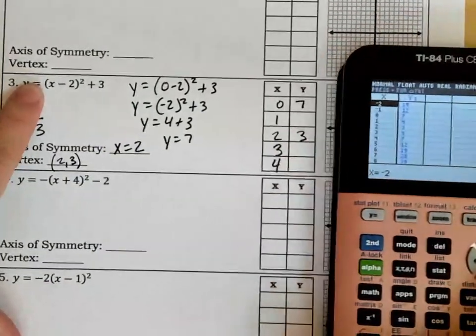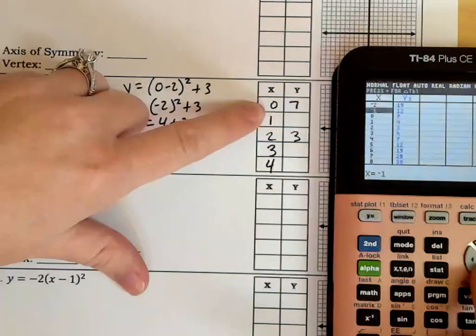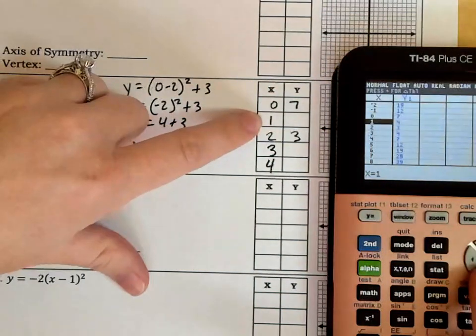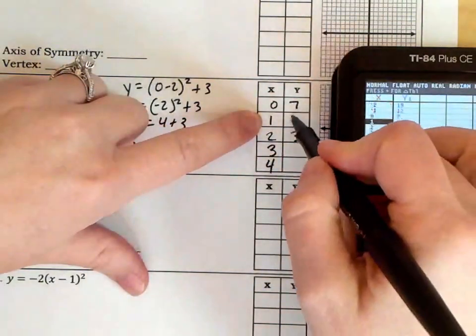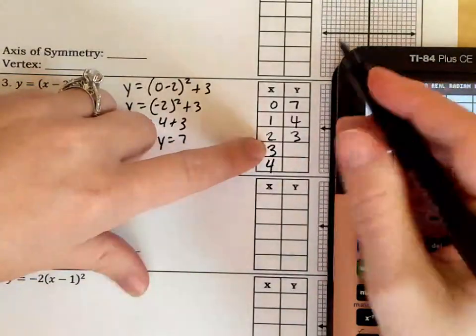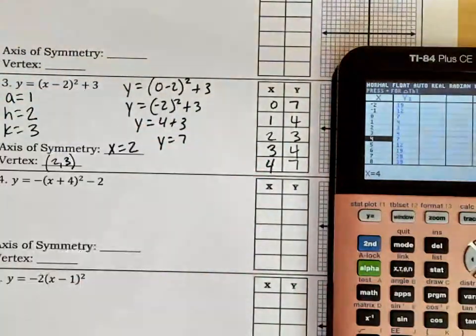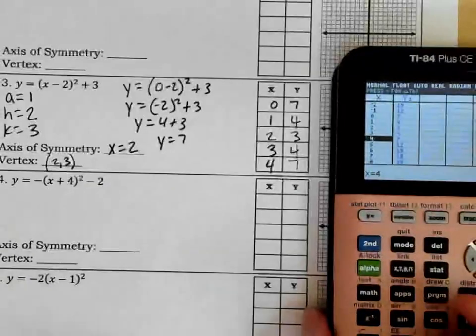Here is our table of values. At 0, 7, okay, we got that one right. We can scroll down. We have 1, and the y value that goes with that is 4, 2, 3, 3, 4, and 4, 7. So that's 5 points that I can plot on my graph.